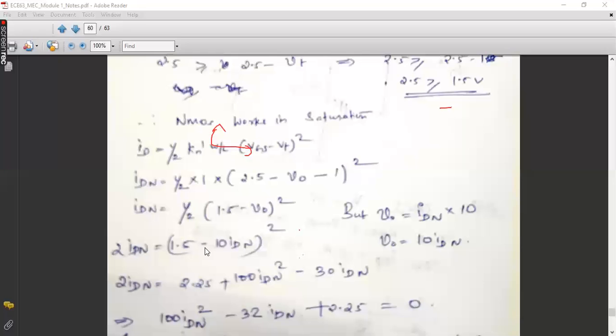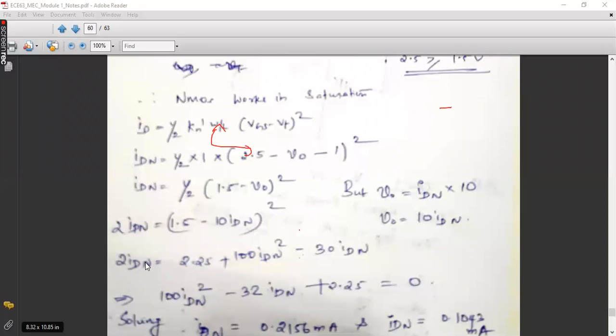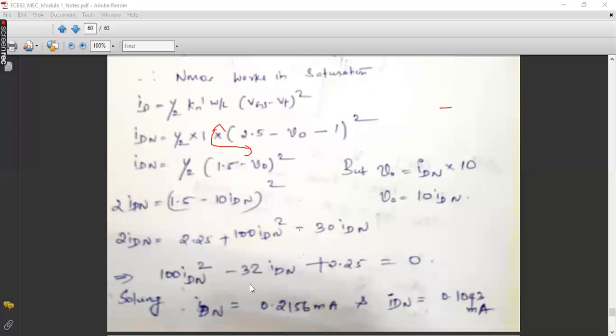That will be 1.5 into 10 is 15, 15 into 2 is 30 IDN. Take this 2 IDN along with 30, it will be minus 32. Then it is in the Ax square plus Bx plus C format. Take the calculator, put it in equation mode, and enter the ABC values. You will get two answers. Please check whether you are getting the same answers or not.